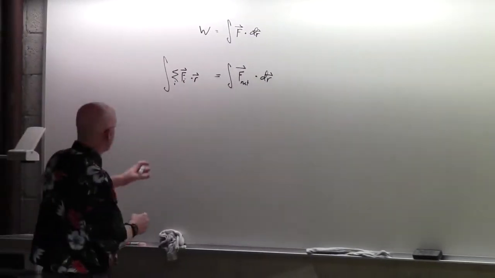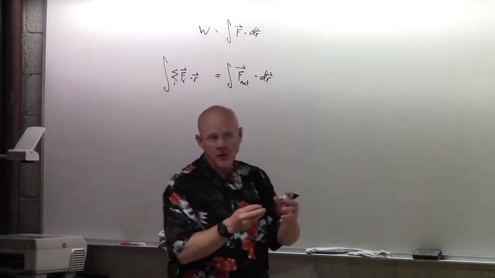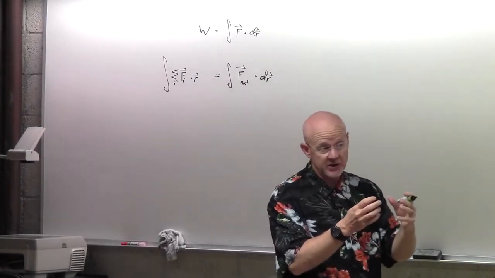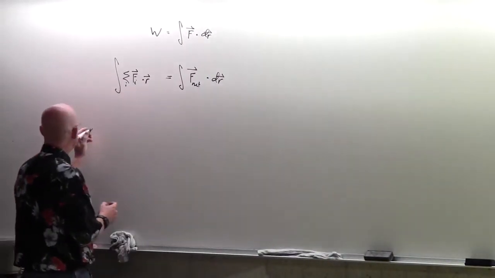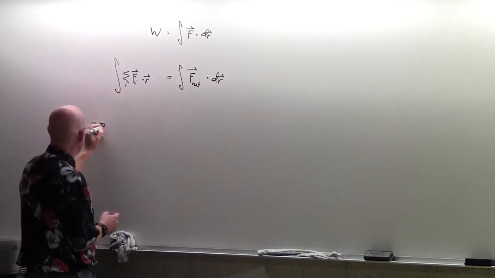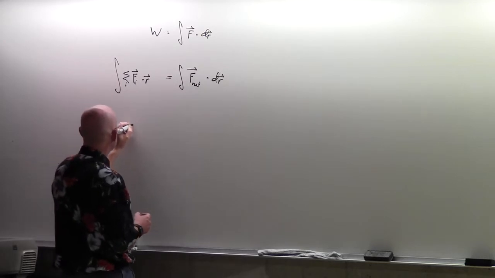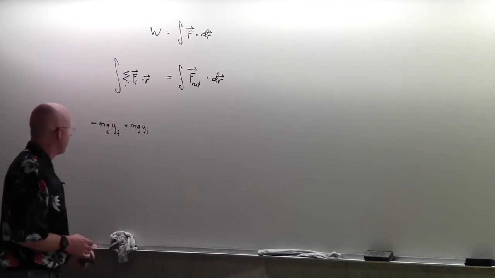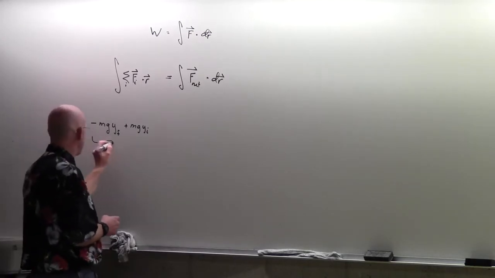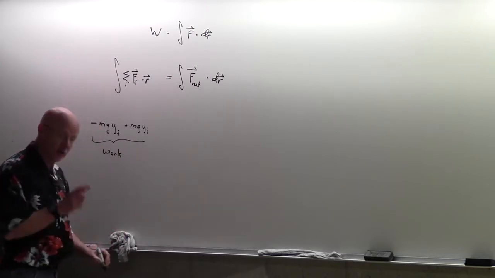When you are adding up the forces, there could be many forces. For example, one of them would be the force of gravity. If you put in the force of gravity, you would get a negative mgy final plus mgy initial. And this was the work done by gravity.